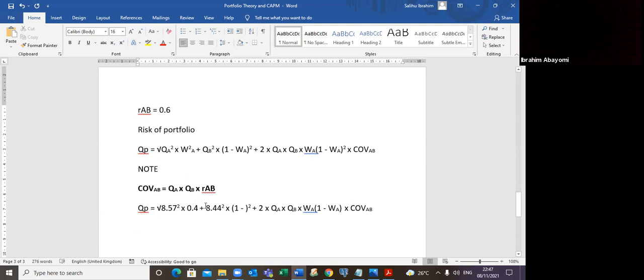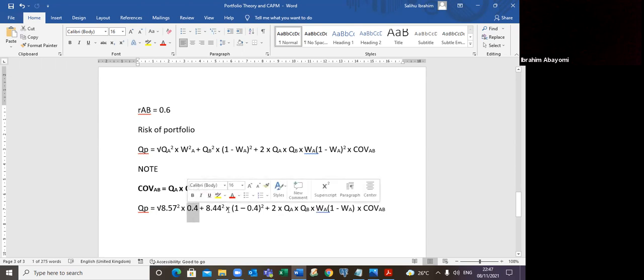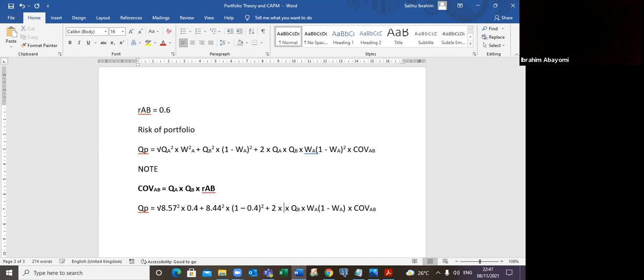And the variance of B is the square of the standard deviation of B, which is 8.44 square, times weight of B, which is 1 minus weight of A. Weight of A is 0.4. Therefore, weight of B is 1 minus 0.4.